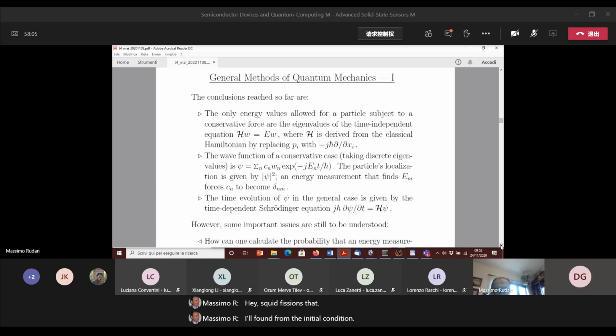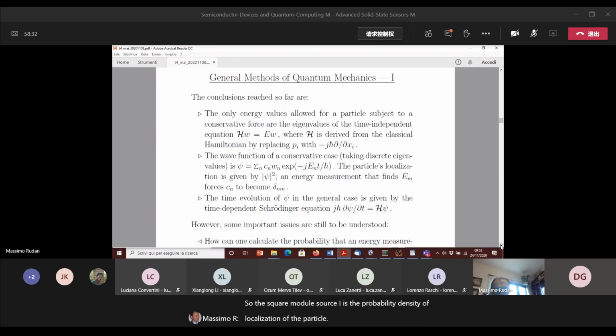We know that by definition, the localization of the particle is provided by the square modulus of the wave function, that is the probability density. Of course, we assume that this wave packet is normalizable. So the square modulus of psi is the probability density of localization of the particle.